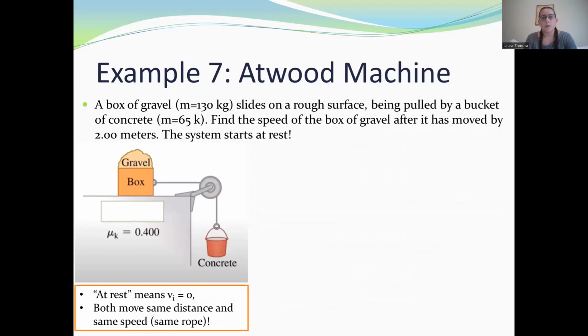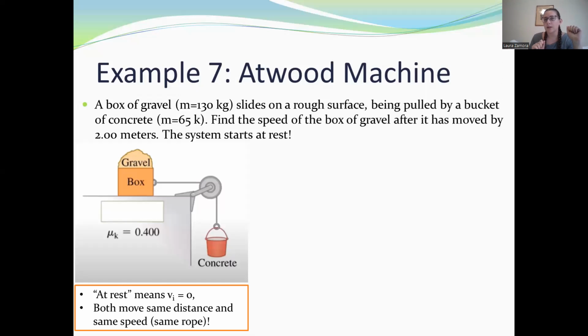At rest, remember that's a key phrase to pull out from the problem statement. At rest means that initial velocity is 0. So what does that tell us about the initial kinetic energy? It's also zero. If there's no speed initially, then the initial kinetic energy is zero. Another key thing to know is that these two objects are connected to each other with a string or a rope.